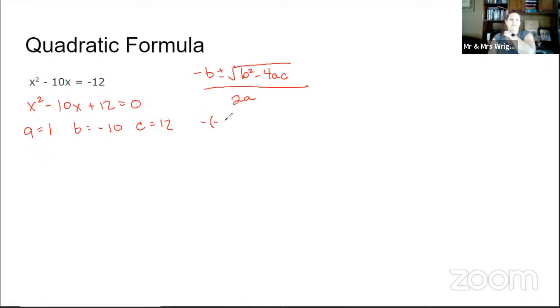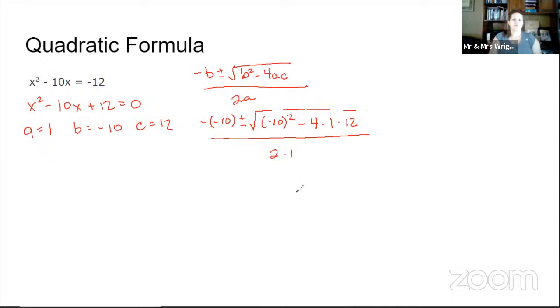So -10 plus or minus the square root of, here we go with those parentheses, (-10) squared minus 4 times 1 times 12, A and C. And that's going to be all over 2 times 1.